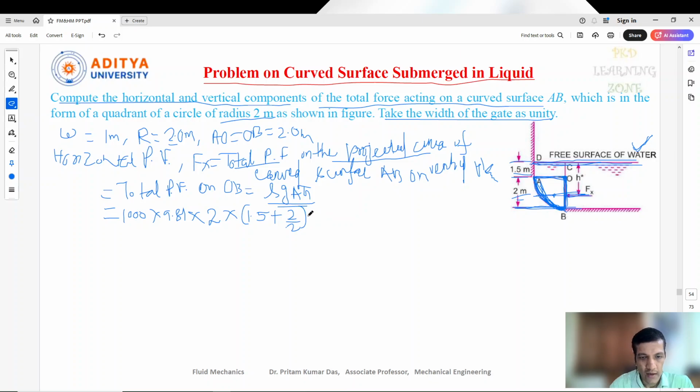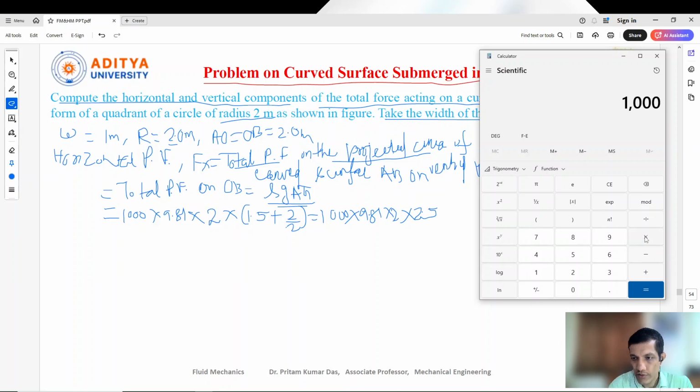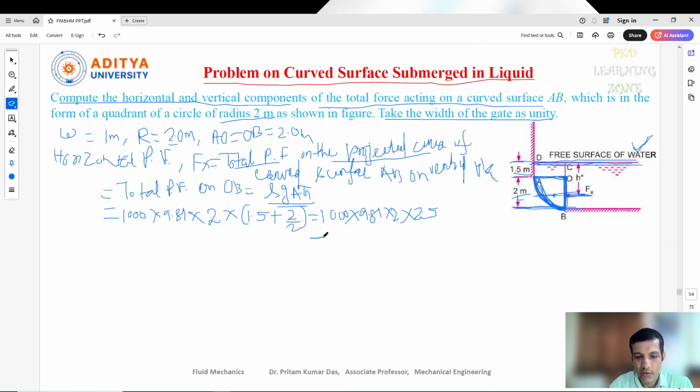So we get 1000 into 9.81 into 2 into (1.5 plus 1), that is 2.5. If you calculate this, 1000 into 9.81 into 2 into 2.5 is near about 49,000 Newton. So this is the force in the x direction, the horizontal direction.